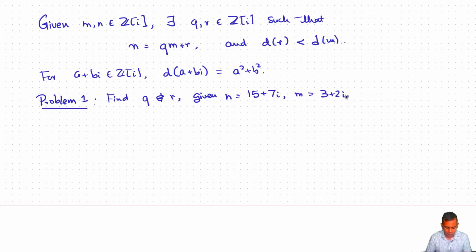Okay, so what we'll do is we'll first use division of complex numbers to find a solution that is rational, the rational quotient of this. That will not be a Gaussian integer, but let's just do that and see what happens.